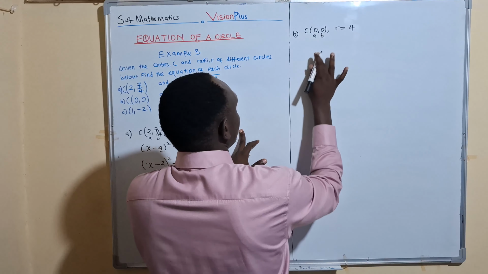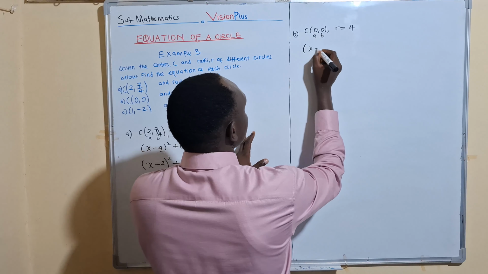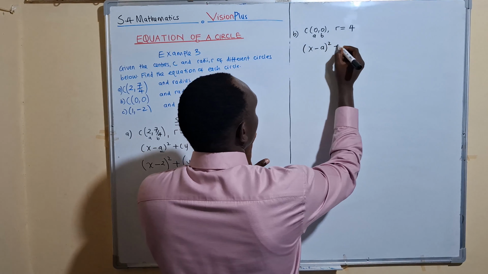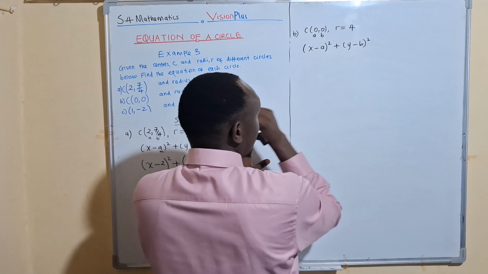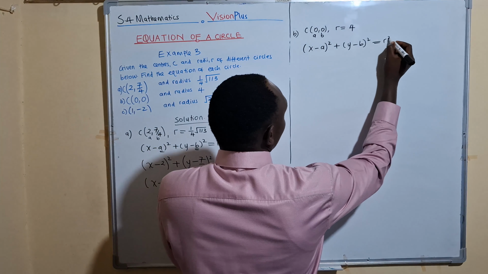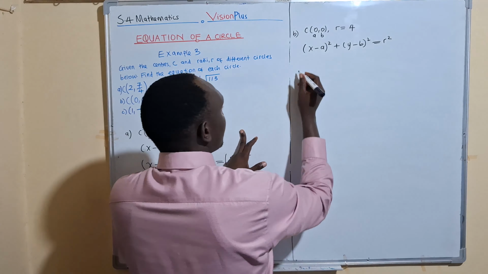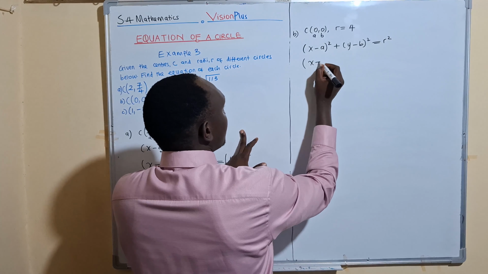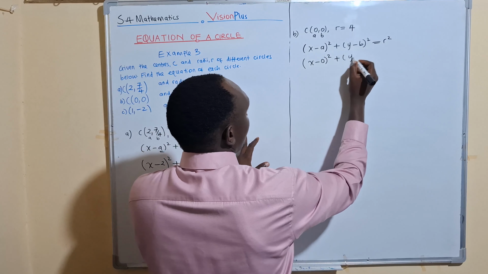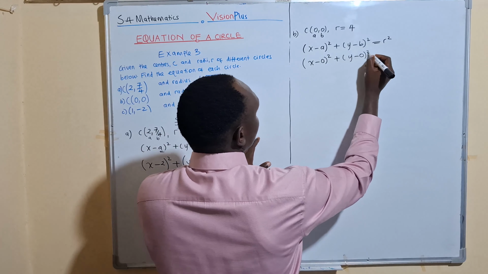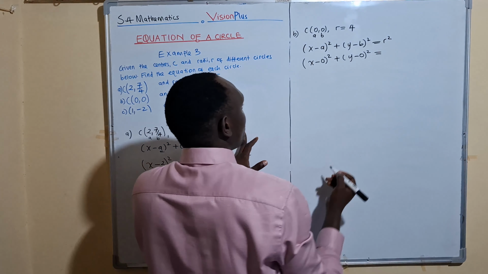First, start by writing the equation of a circle, which is given by (x − a)² + (y − b)² = r². Then we substitute for a, b, and r. X minus a. What is a? A is 0, squared, plus (y − b). What is b? B is also 0, squared, equals r.